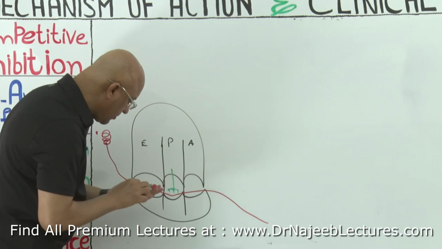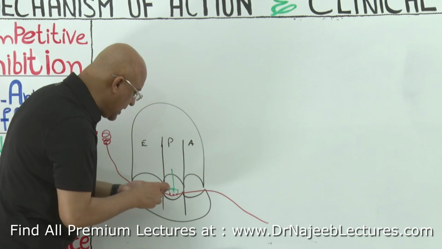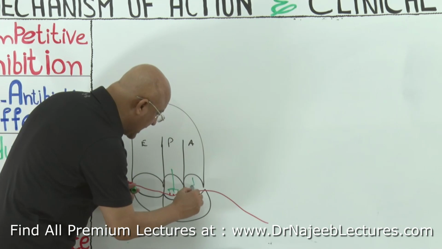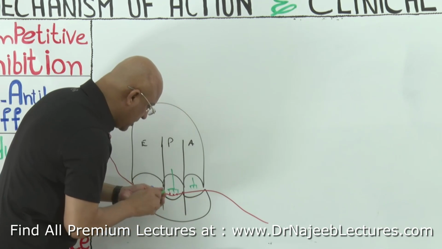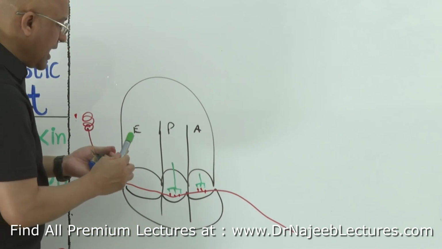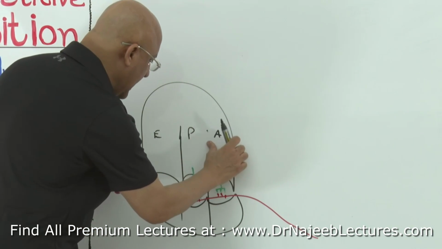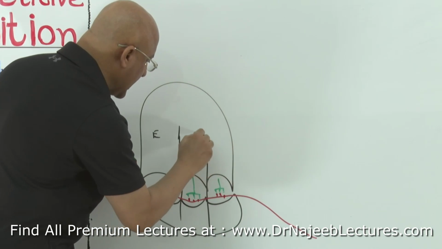We had one transfer RNA over here and one transfer RNA at the A site, and previously we discussed that here was our special enzyme. What was that?